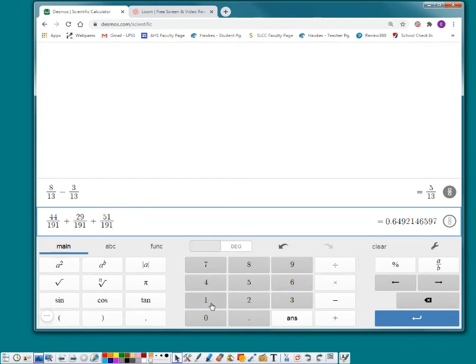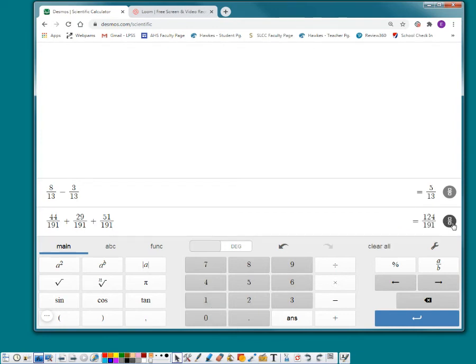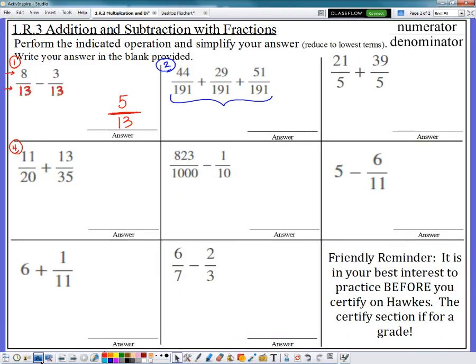And always make sure you type it in correctly because just like any human, we can make a mistake. All right, and then we don't want the decimal, we want the fraction, and we should get 124 over 191.